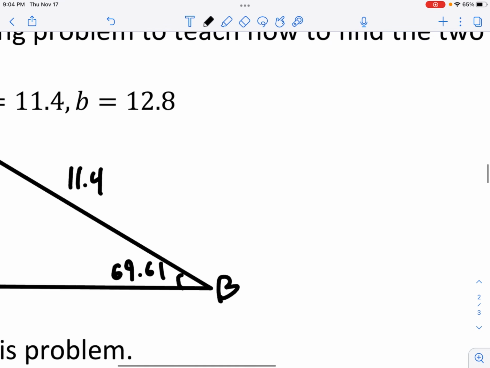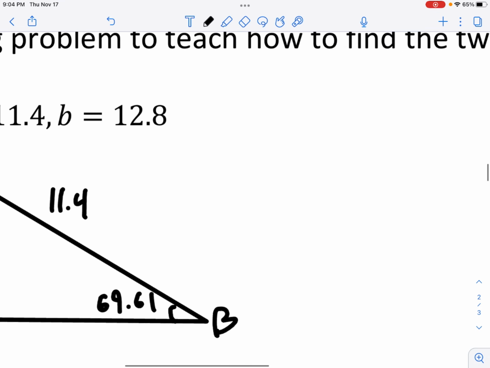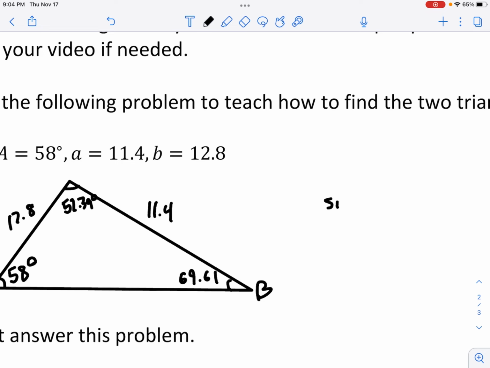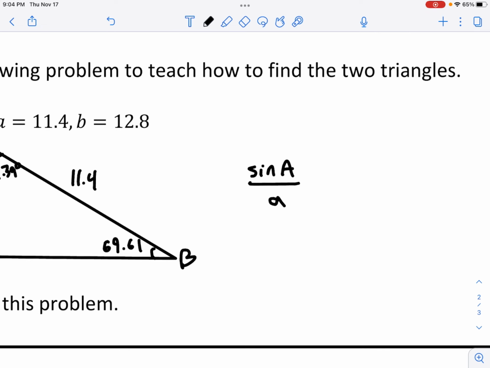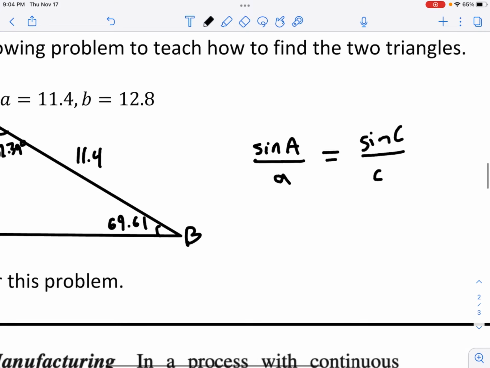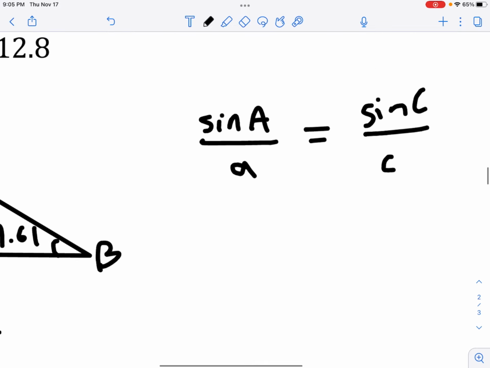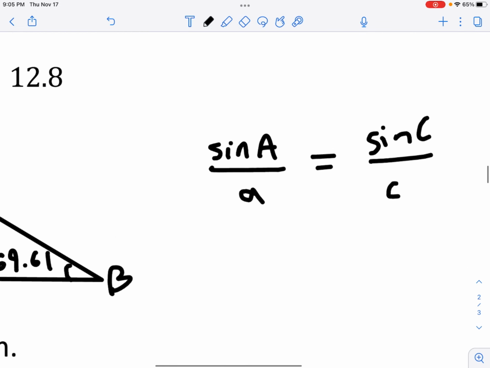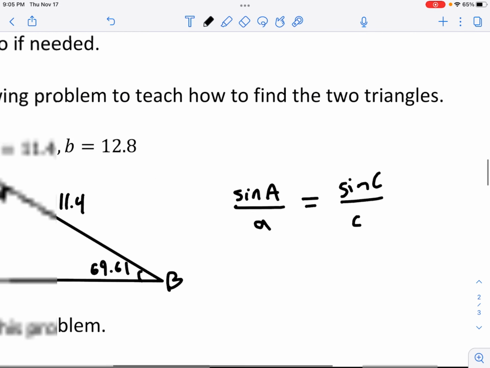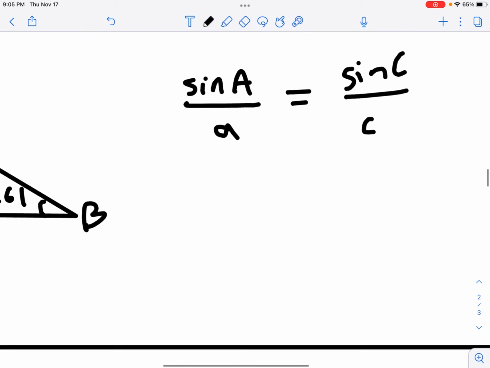And now we can just go back to our A to find the C. So we're going to go sin A over A equals sin C over C. But since we have the angle of C, to make this easier, we could just reciprocal it and it'll be the exact same.